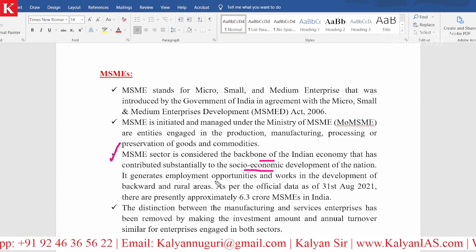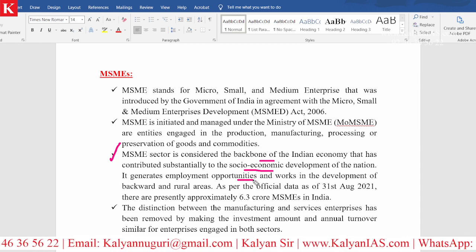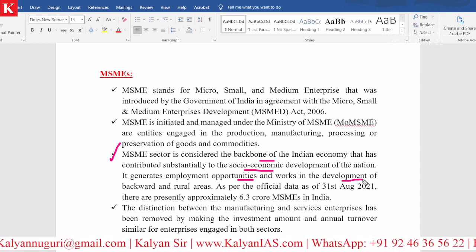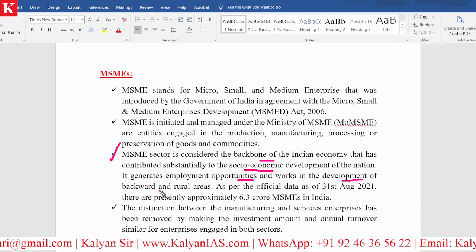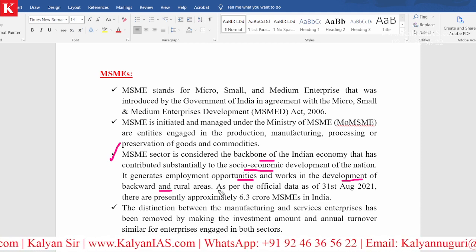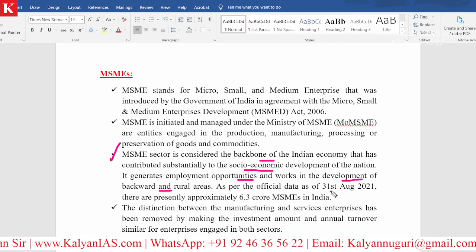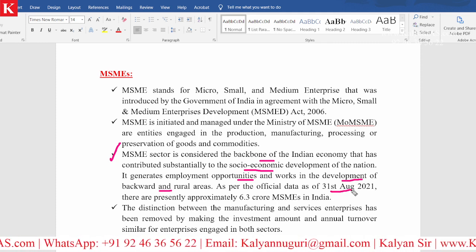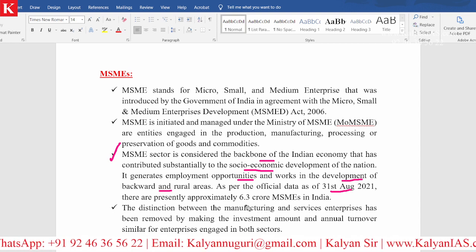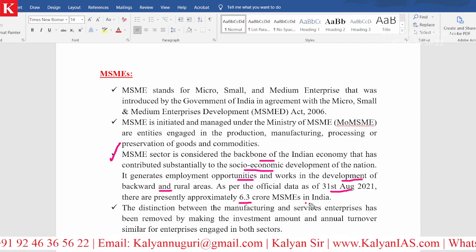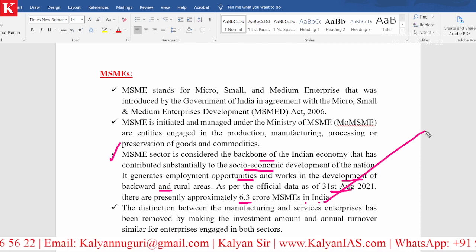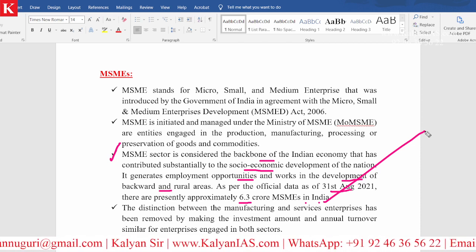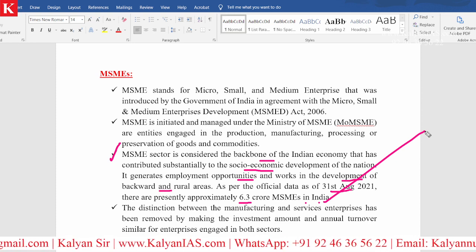It generates employment opportunities, which is really good, and also works in the development of the backward and rural areas. As per the official data of August 31st, 2021, there are presently approximately 6.3 crore MSMEs in India. Please remember this number, and whenever we get the new data, we have to update.